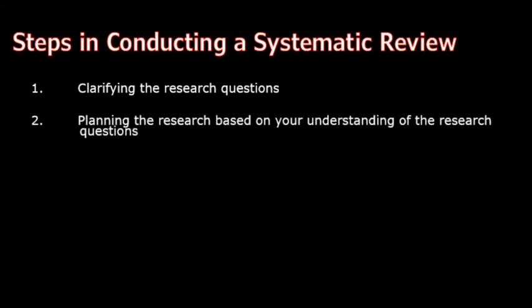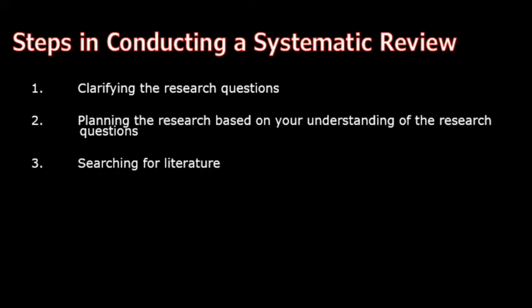Number two, planning the research based on your understanding of the research questions. So before you conduct any research and before you write any research, you have a plan. And actually, the entire paper that you are writing is a blueprint or a plan of your research.